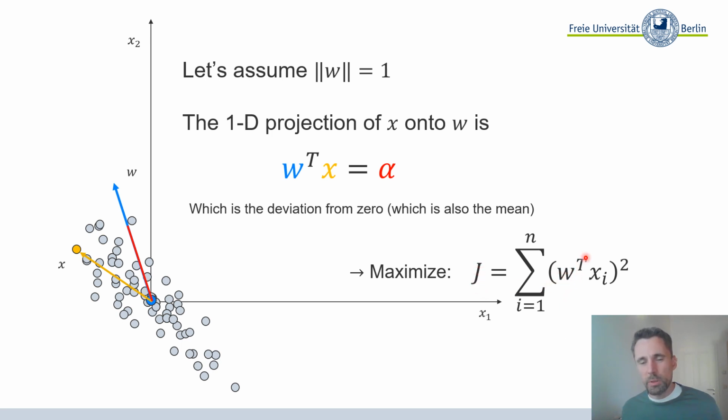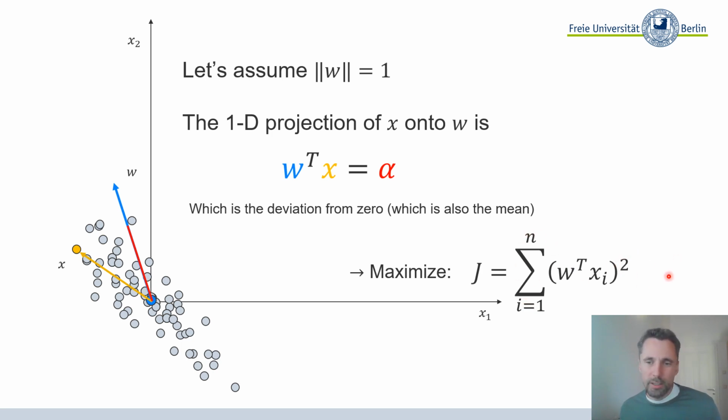W transpose x_i is the deviation from the mean of the data point x_i, that one-dimensional red value here. And then we square it, and then we sum it up.